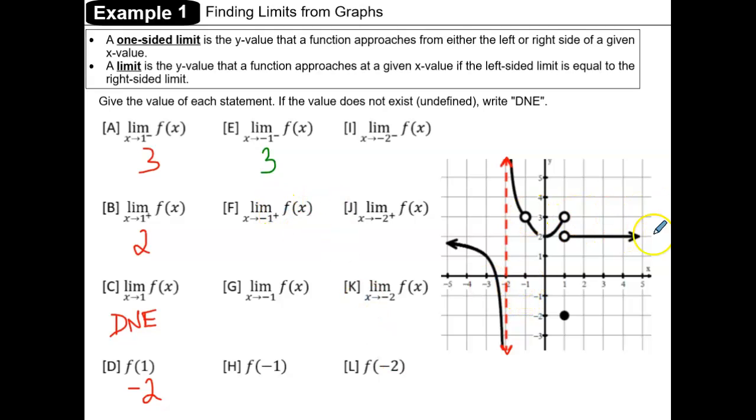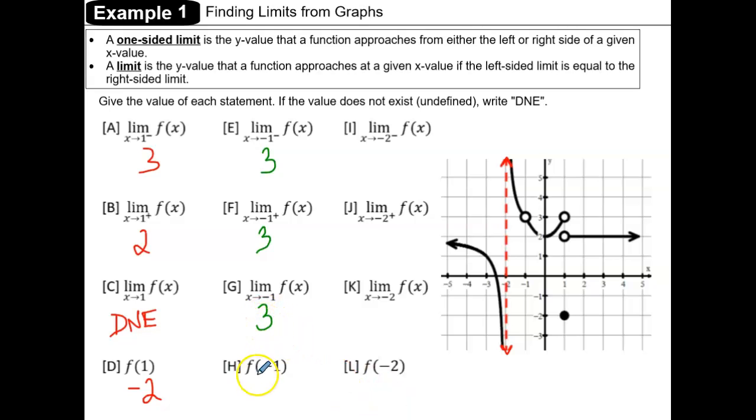Now coming from the right side, I come along this constant function, I have the quadratic function now I can travel along, and I'm approaching -1 along that piece of a quadratic function. Again, I reach this open circle where y is 3, and so that's my right-sided limit. Because my left and right-sided limits are 3, I'm coming together at this open circle, the same y value, and so the limit as x approaches -1 is 3. That limit does exist, and it exists at 3.